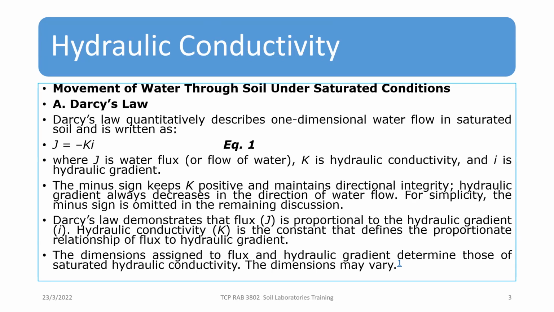Darcy's law demonstrated that flux J is proportional to the hydraulic gradient, and hydraulic conductivity is constant. That defines the proportionate relationship of flux to hydraulic gradient. The dimensions assigned to flux and hydraulic gradient determine those of saturated hydraulic conductivity.